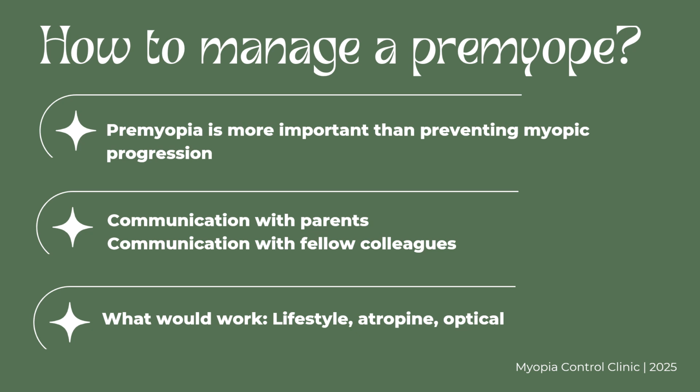If parents are myopic, there is a very good chance that they will easily understand and follow what you are saying. However, if they are not myopic, then it becomes a little tricky. Also very important is to communicate with fellow colleagues. If the patient comes to you and you have given an opinion, or started atropine eye drops, and the patient goes to your fellow colleague, they should also be aware that premyopia is a condition.